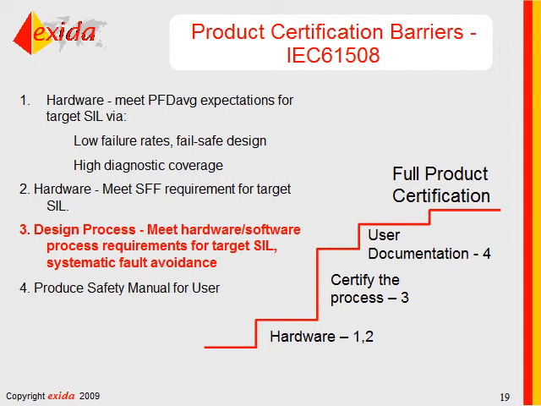If a manufacturer wants to get a product certified, there are fundamentally four barriers. The hardware has to be designed, depending on SIL level, so it has relatively low failure rates, good diagnostics, and a fail-safe design. The design process is probably the biggest barrier, because really 61508 doesn't give any credit for good, competent people.